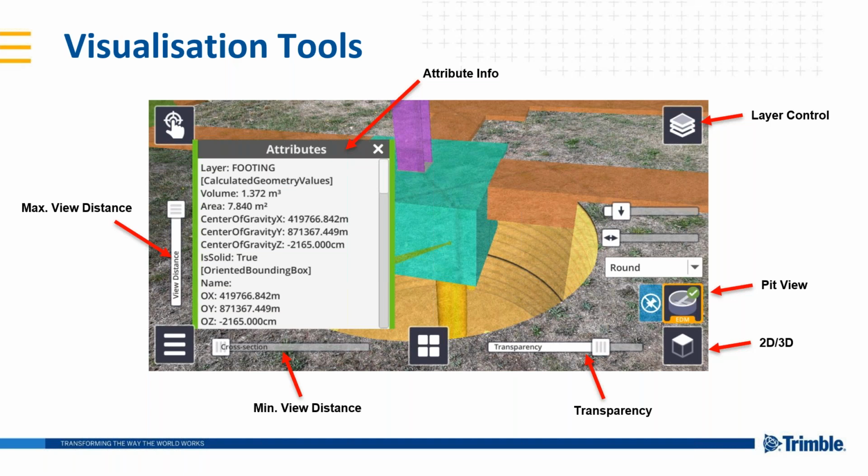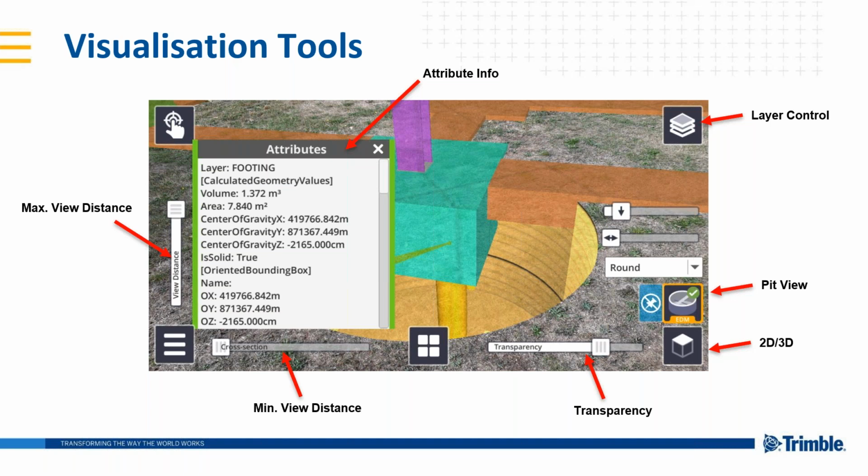And then the maximum view distance, likewise, is going to pull back the amount of model that you can see. I'm not sure I'm explaining that particularly clearly, but if you use the two in combination, you can create some really nice cross-section views by limiting what the minimum view distance and the maximum view distance are.